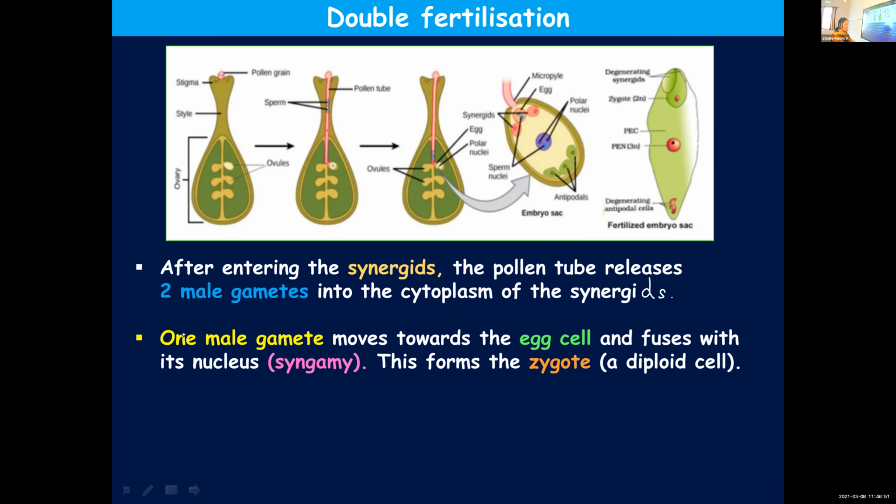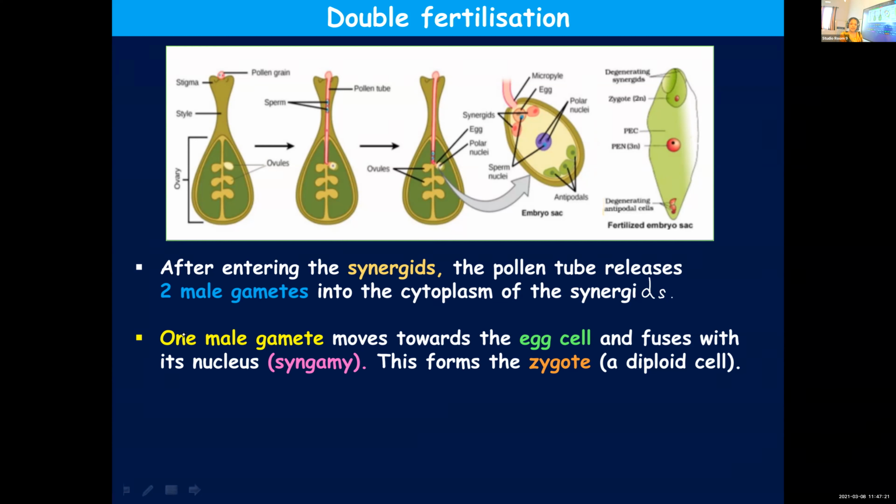One male gamete will move towards the egg cell, whereas the other one will move towards the two polar nuclei present at the center of the central cell. The one which moves towards the egg cell will fuse with it and form a zygote.